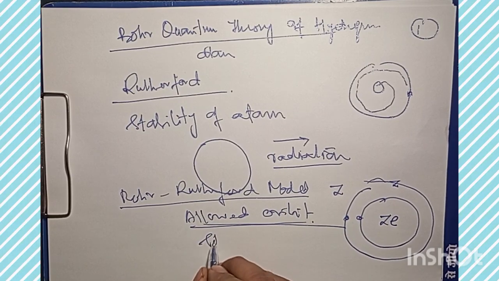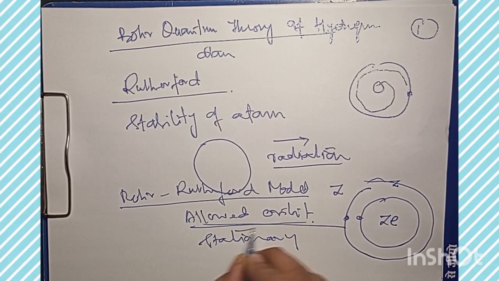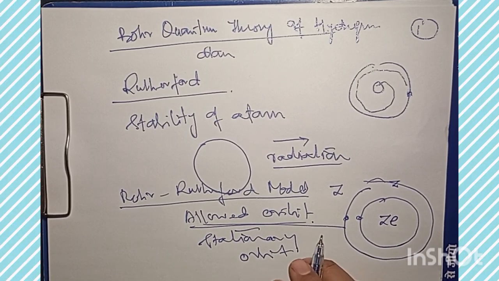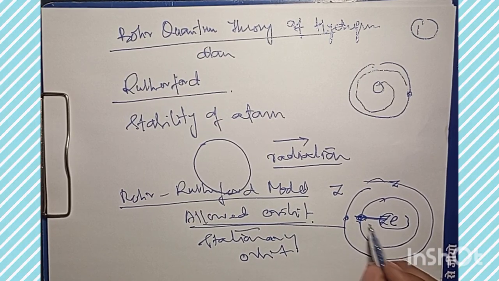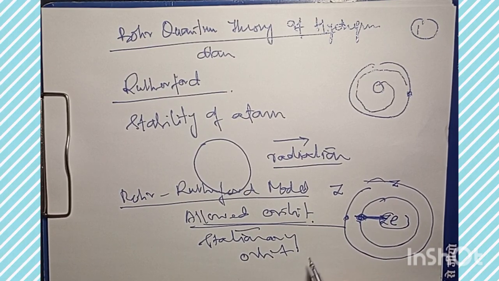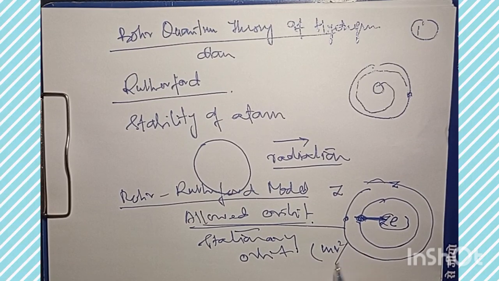The equilibrium is achieved because of the Coulomb force between the electrons and the nucleus, the attraction between the two opposite charges, and this attraction provides the centripetal force, whose measure is mv squared by r, for maintaining the motion of the electron in the circular orbit.